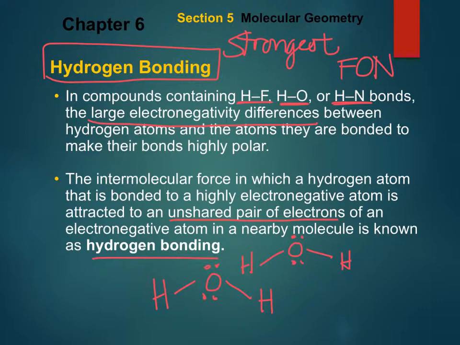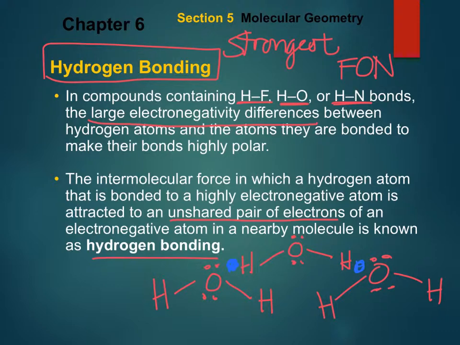And so what would happen would be there would be an attraction here, and you would have another one over here, and there would be more attraction, and you get this whole network formed between all these water molecules and these hydrogen bonds.